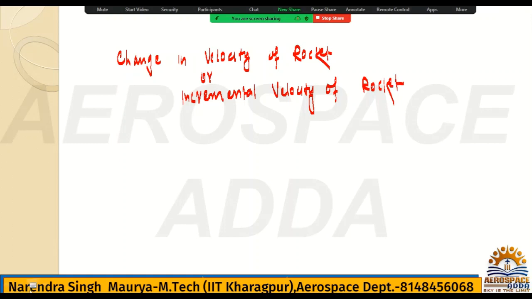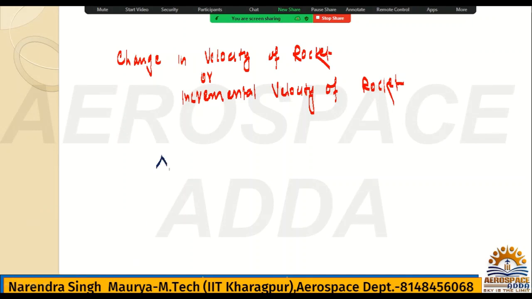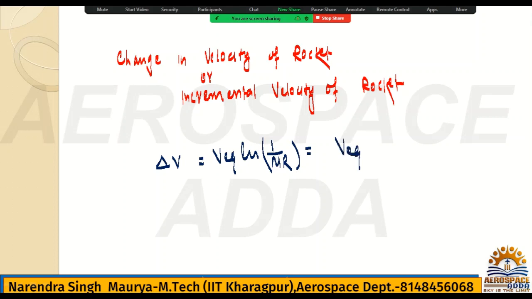So now delta v, if you write in final touch, it is v equivalent ln of 1 by mr, no?